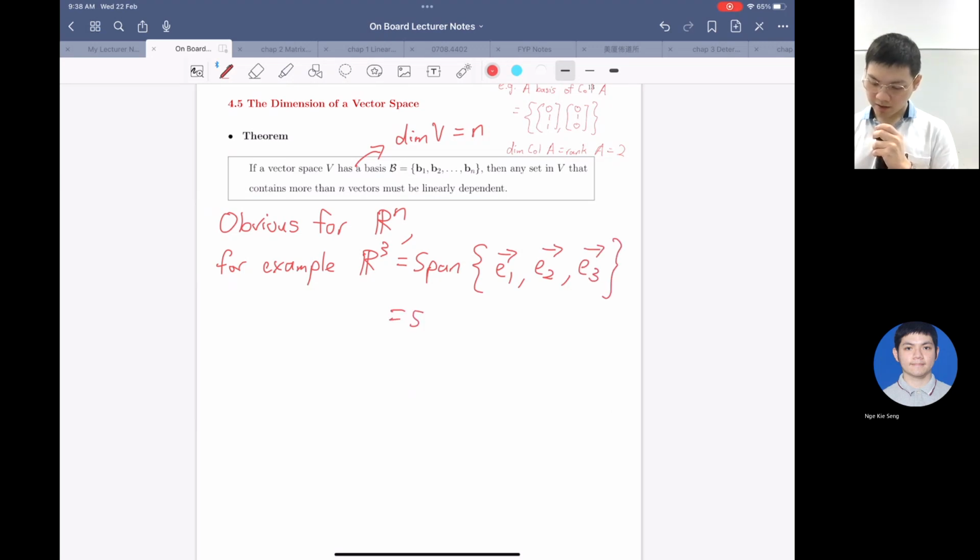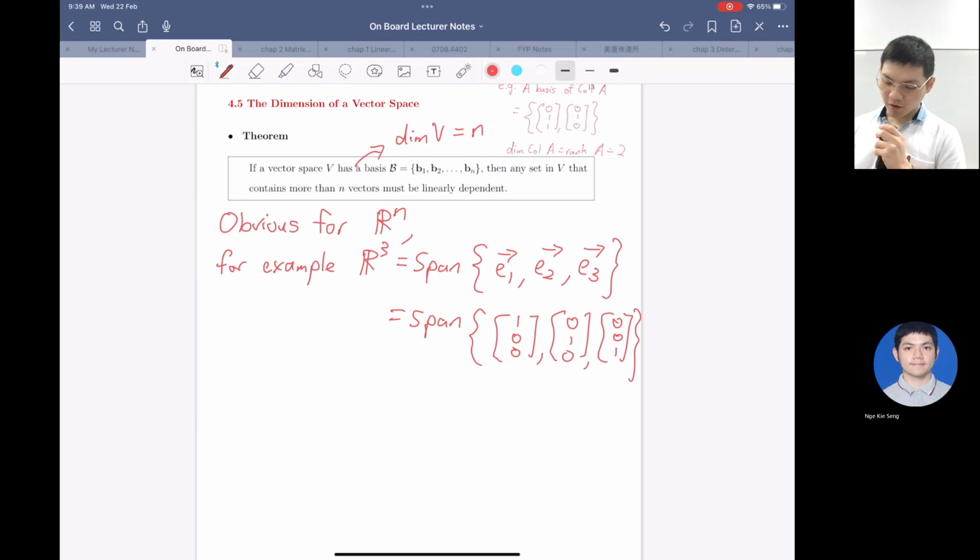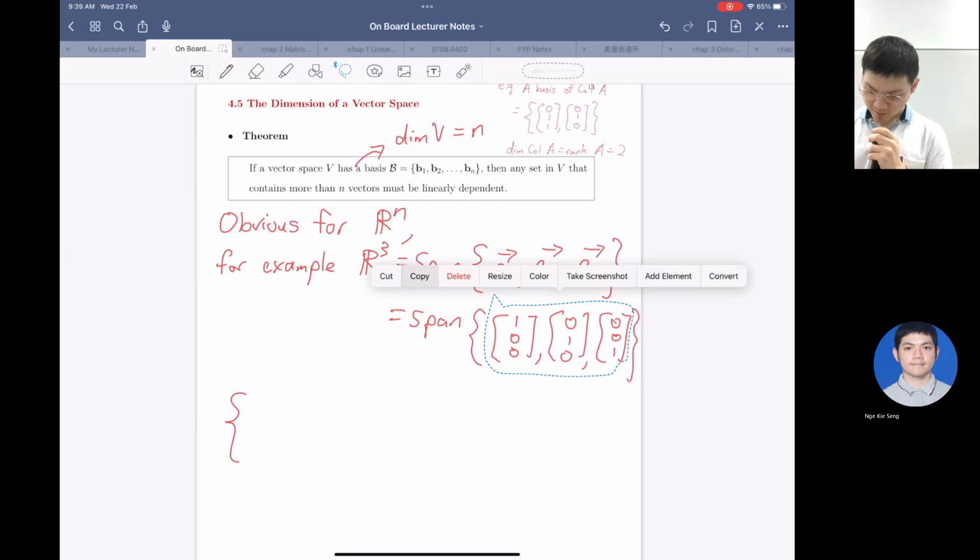If you put them together, it's just the columns of your identity matrix. Say I put more vectors into the set E1 up to E3.